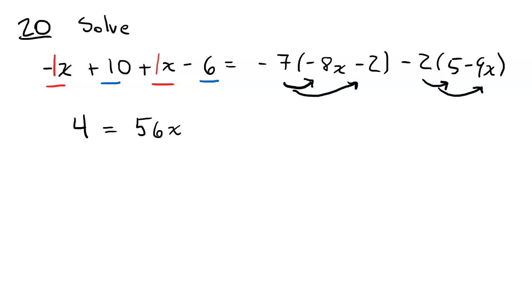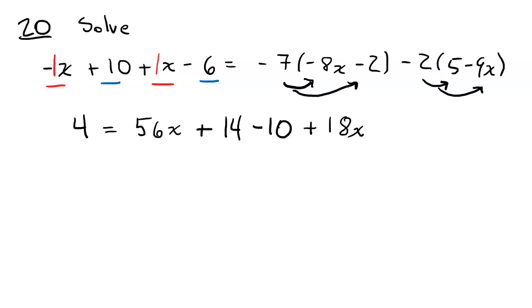The second distribution is -7 times -2, so that's going to be a positive 14. Then we have the -2 being distributed, so -2 times 5 is -10, and -2 times -9x is going to be a positive 18x.